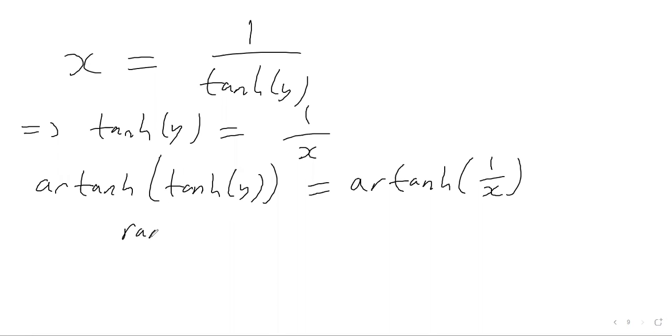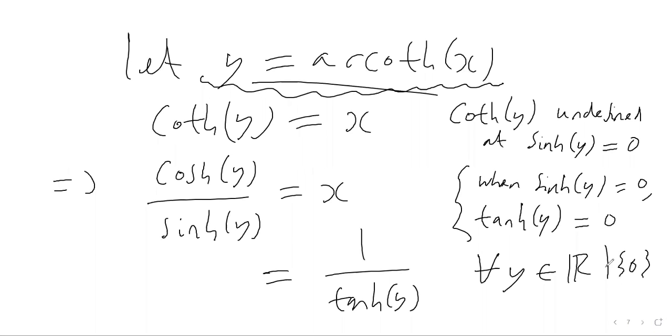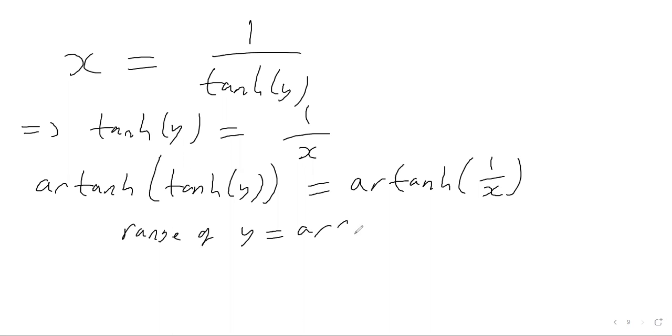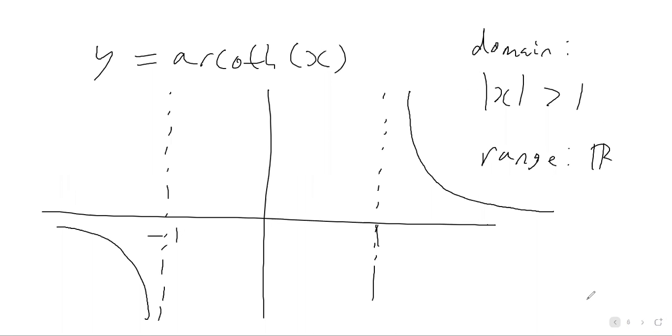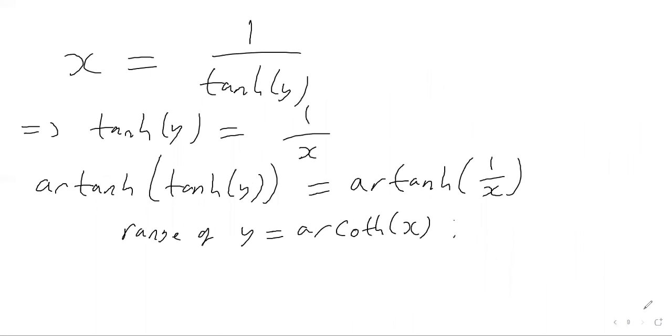So the range of y, where y equals arcoth of x. So what is that range? Well, we've sketched this graph. Yep, so we know the range is the real numbers, well, technically the real numbers apart from 0.